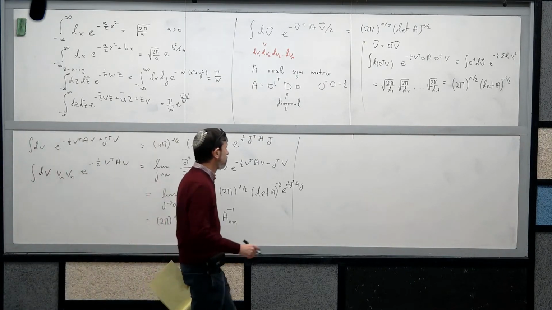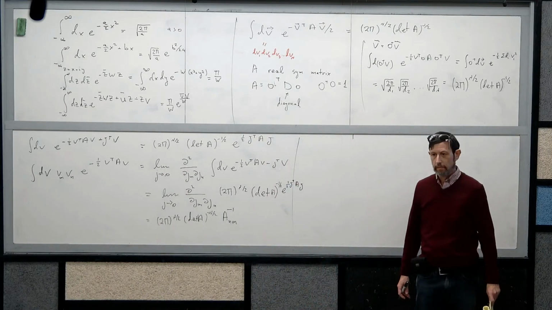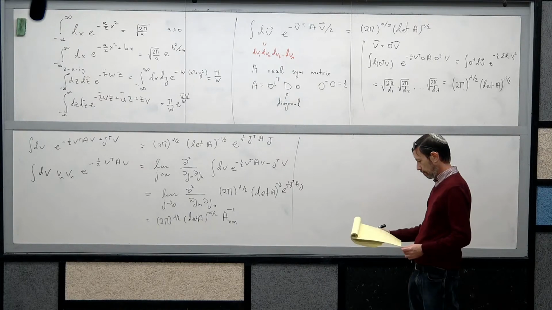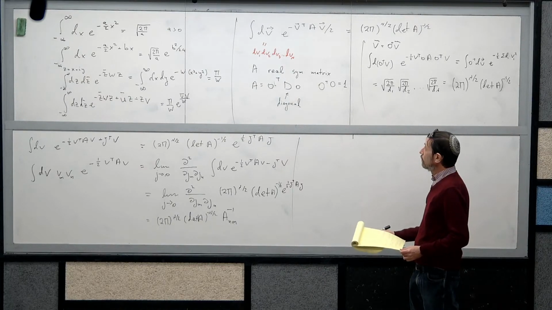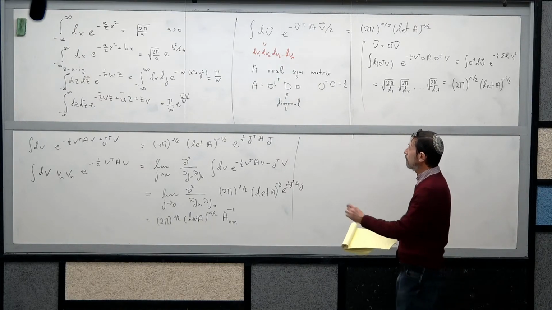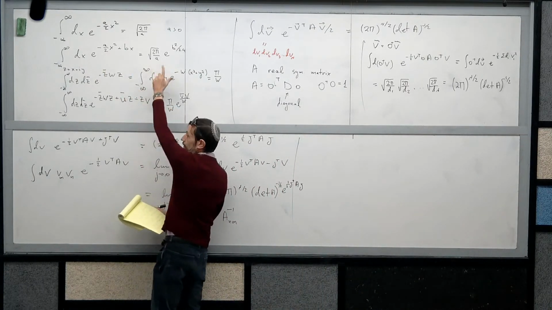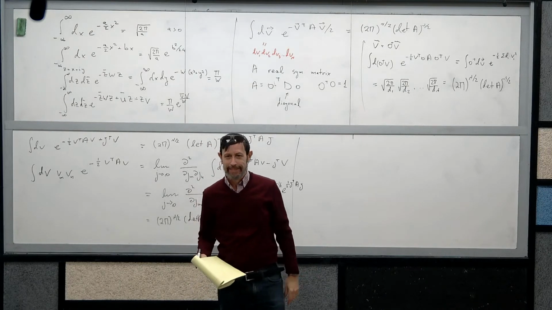Let's see something. Why is it -1? Look at these integrals, A always appears below.